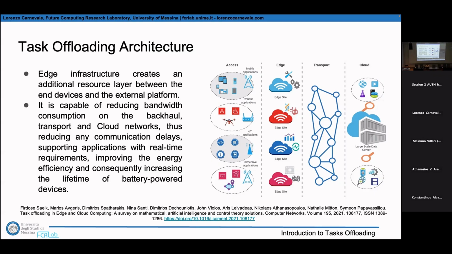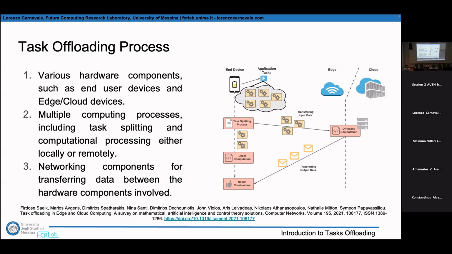Because we can increase the lifetime of these devices. Why can we increase it? Because communication is one of the most important aspects for energy consumption. So if we reduce the amount of communication, because we reduce the amount of data that are exchanged between the end device, on the left of the picture, and the cloud on the right of the picture, we can increase the lifetime of these devices.